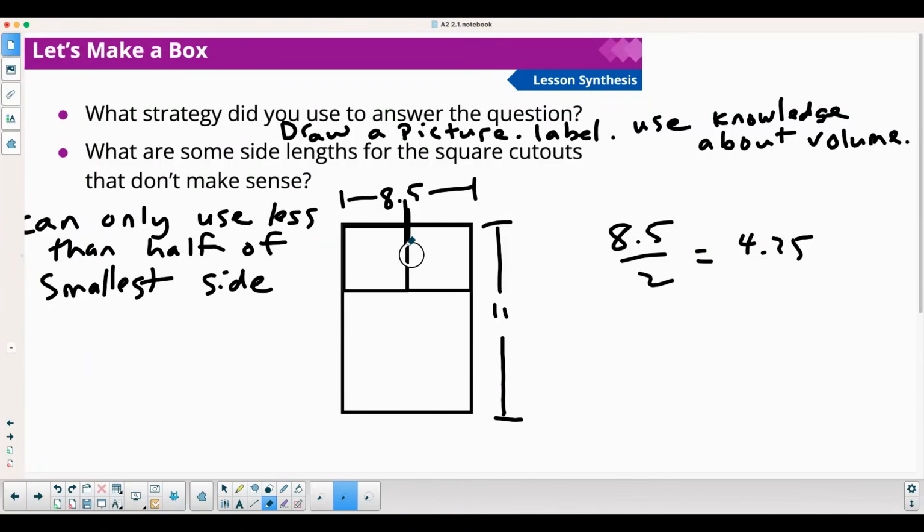Now, if this was 4, this is 8.5. If I made these a little smaller, if I made these 4 and 4, we would have, right here, 0.5 left, because if you add up all those sides, it'd be 8.5. But you got to have less than half of the small side. Okay.